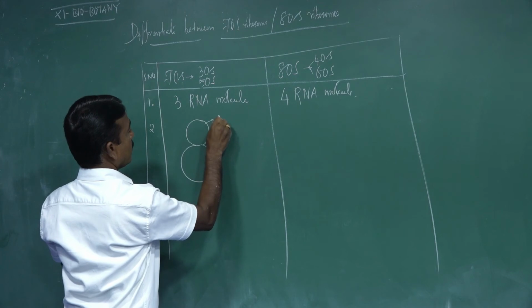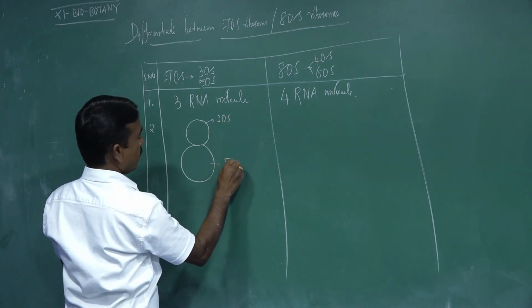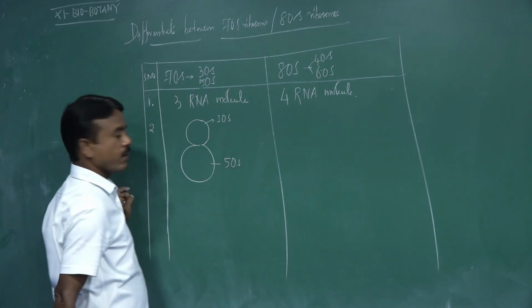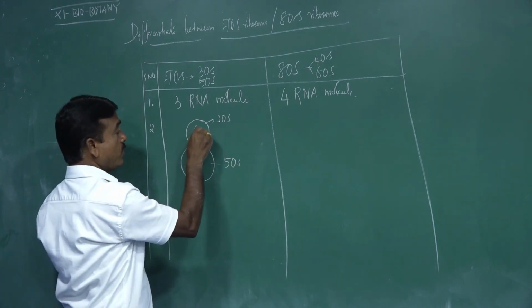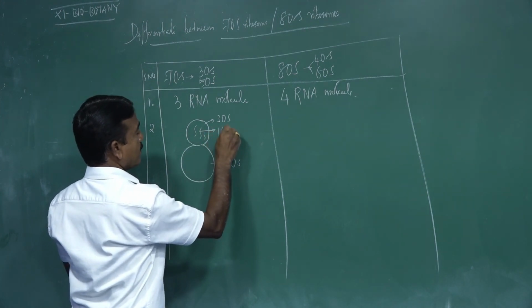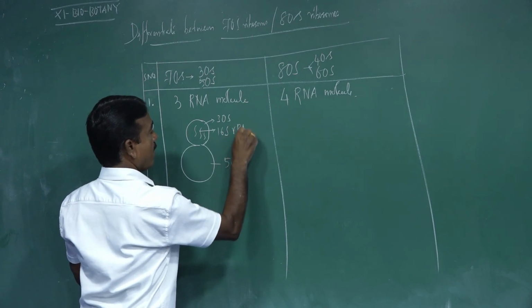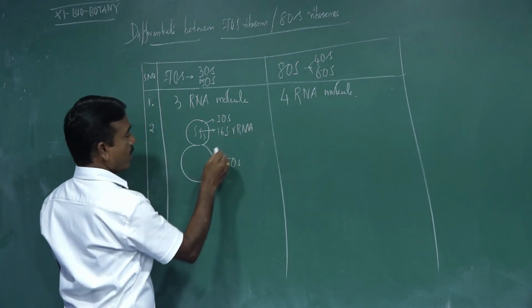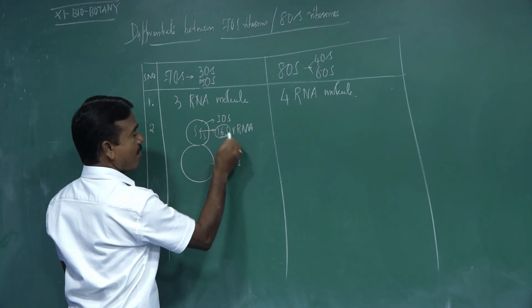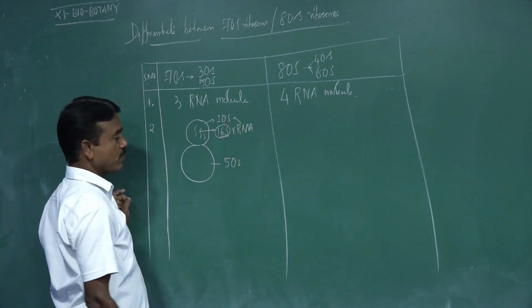That is 30S and 50S. The 30S subunit possesses 16S rRNA. So 16S rRNA is found in the 30S subunit.